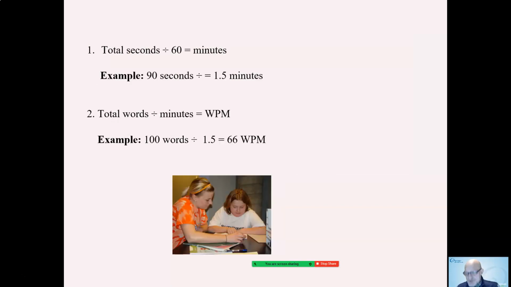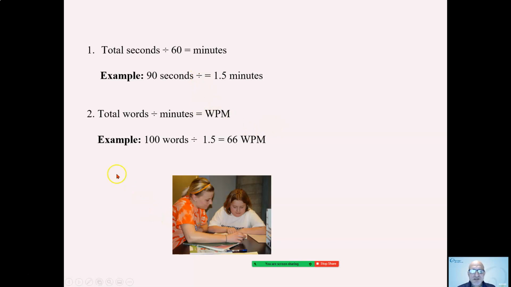All right, and to find words per minute, you can say start, read for a minute, and stop. Okay, that's okay. It's not as accurate. Or you can use this: total time in seconds divided by 60 equals the minutes. 90 seconds divided by 60 equals 1.5 minutes.